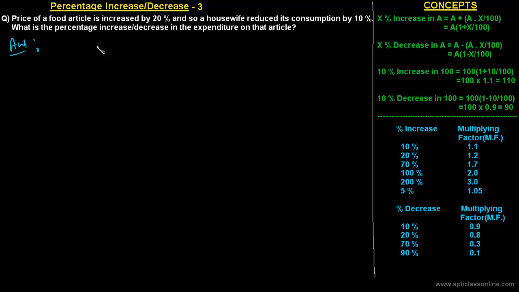Okay, so there is a very basic formula, the relation between expenditure, price and consumption, that we all know. That expenditure is equal to price into consumption. Expenditure equal to price into consumption.